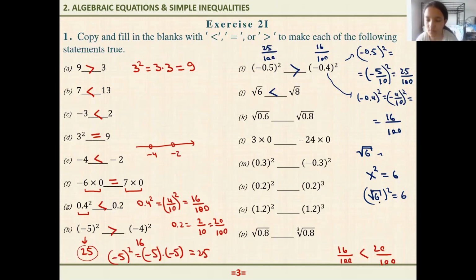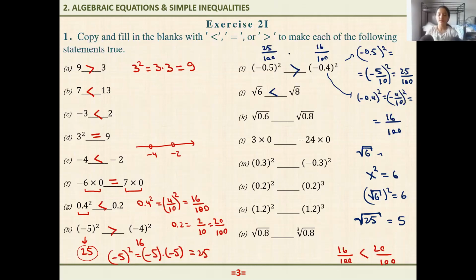So for example, square root of 25. What does it mean? It means what number's square is 25? 5, right?